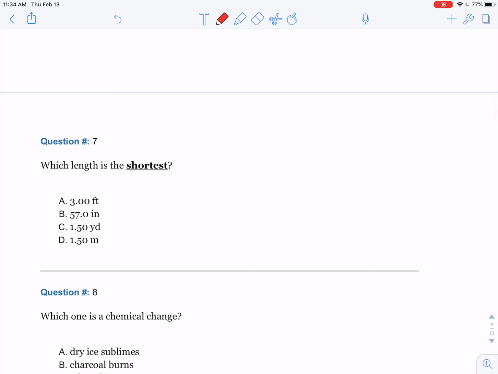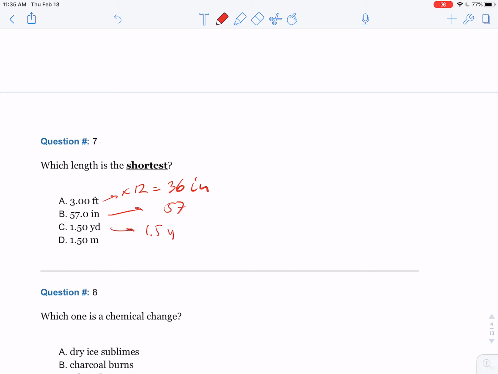Watch which length is the shortest. Well, technically you have to convert these to probably the same distance, so to speak, so you can pick what the smallest one is. So let's say inches, so this times 12, this is 36 inches, so you have 57 here.